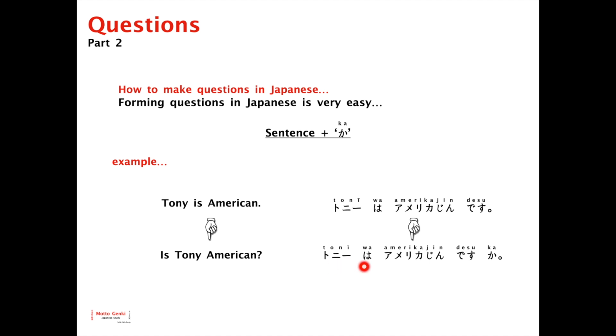Here, Tony wa Amerikajin desu ka? This ka makes this into a question. So, "Tony is American" becomes "Is Tony American?" Tony wa Amerikajin desu. Tony wa Amerikajin desu ka?